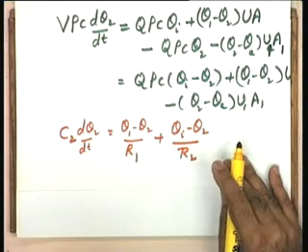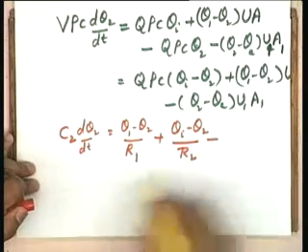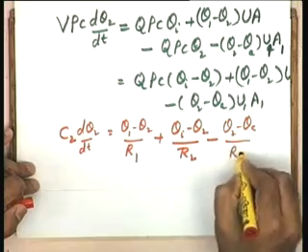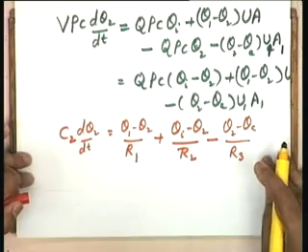R2, the thermal resistance, is equal to 1 over Q rho C, minus theta 2 minus theta A divided by R3. It is the convective thermal resistance at the air wall interface.